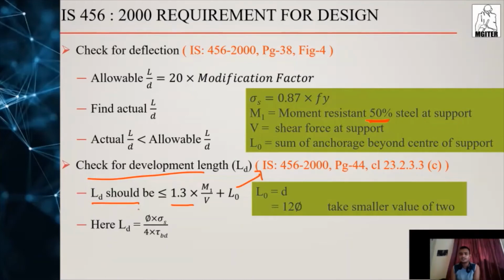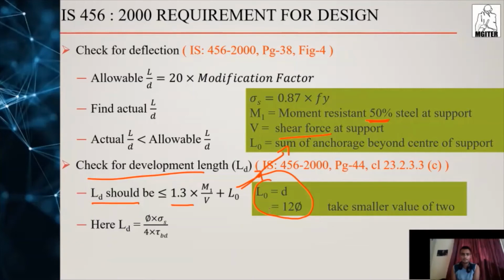Whichever steel you provided, you have to ensure 50%. V is the shear force at the support. L0 is the sum of the anchorage beyond the center of the support. How to find L0? L0 is d or 12φ, where d is the effective depth and φ is the provided diameter of the reinforcement bar in the beam. Take the smaller value of these two.